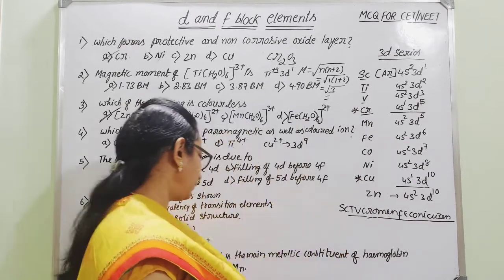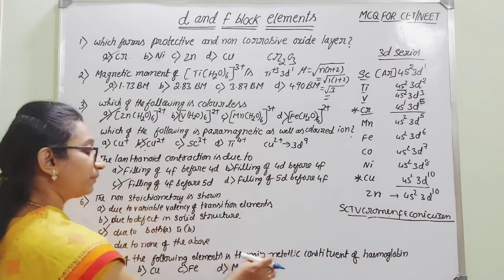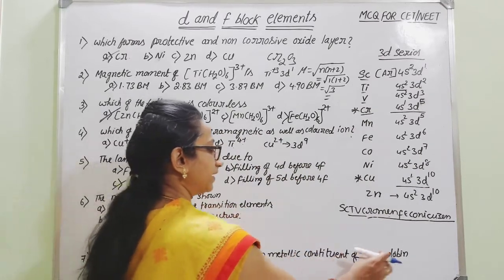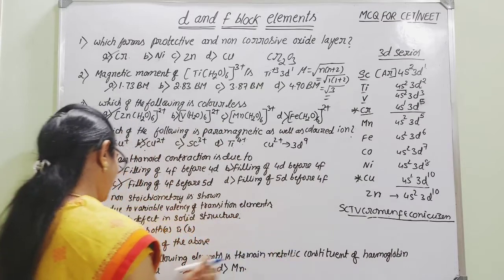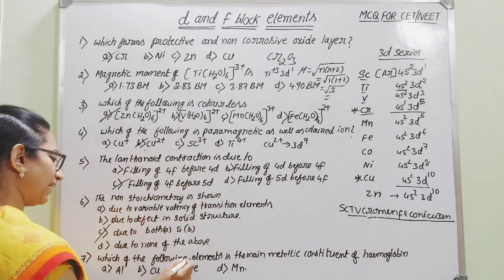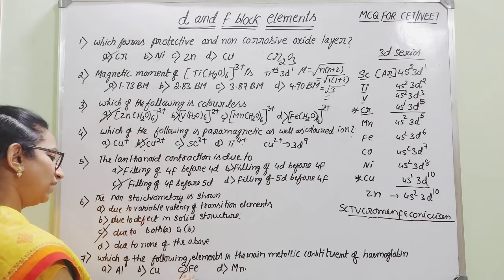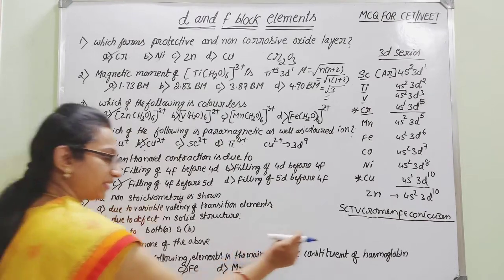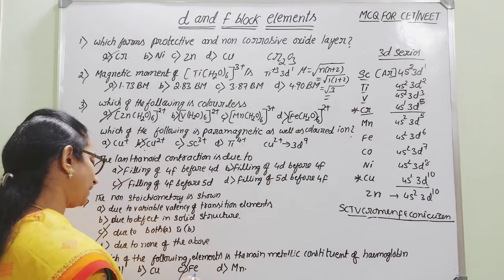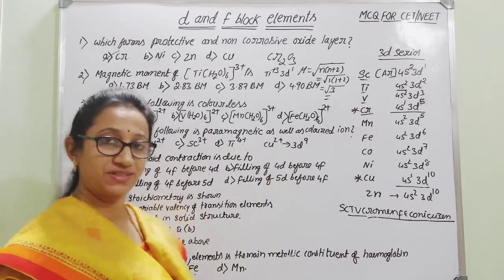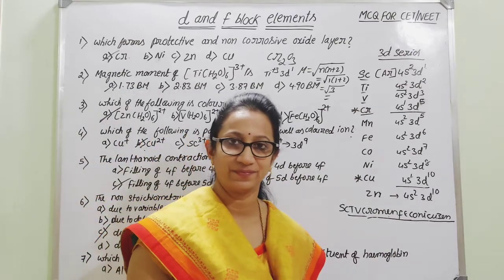You have to remember which metal is embedded inside hemoglobin. That metal is none other than iron, Fe. Among aluminium, copper, iron and manganese, the metal present in hemoglobin is exactly iron. Therefore, option C is the right answer.